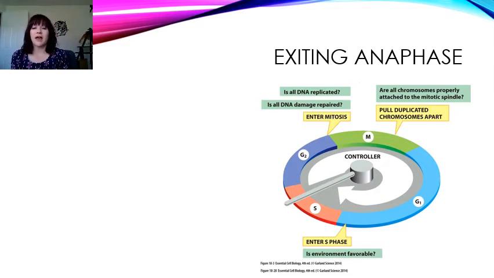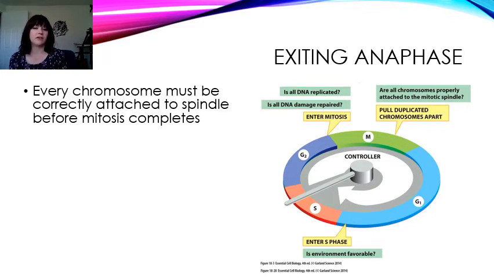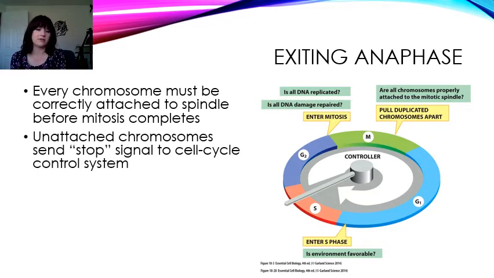So after anaphase, right, what happens next? In order for mitosis to be completed, we said that we have this checkpoint, right? For anaphase to actually occur, we have to have this checkpoint passed, in which the cell recognizes that all the chromosomes are lined up on the mitotic spindle.